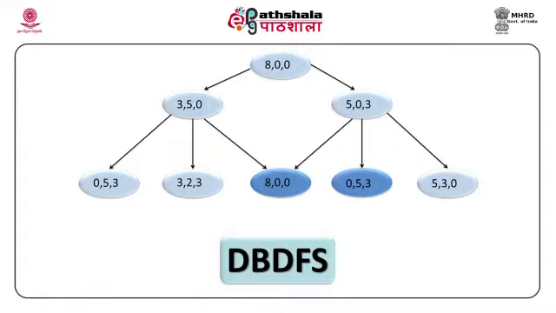Okay. So, in the beginning we will look at this 053, then 350's right child and then 800's right child. Okay. That is precisely what we are doing. So, 503 we will take a left child, which is 800, next child 053, next child is 530. Okay. So, this is how depth bound depth first search is executed.